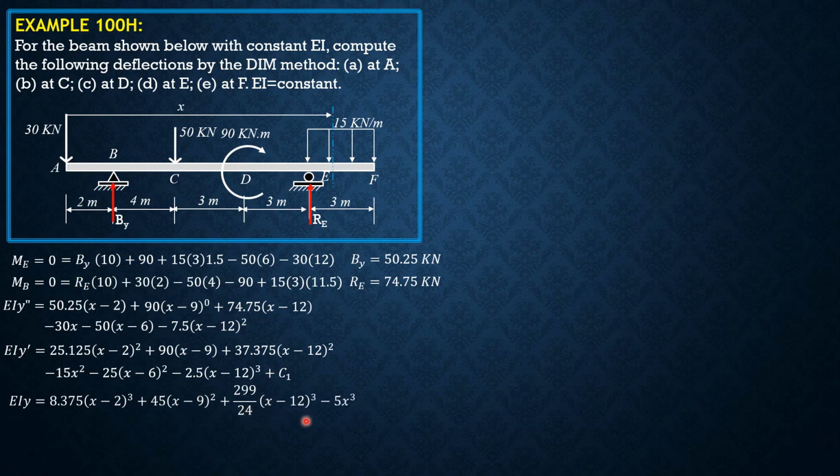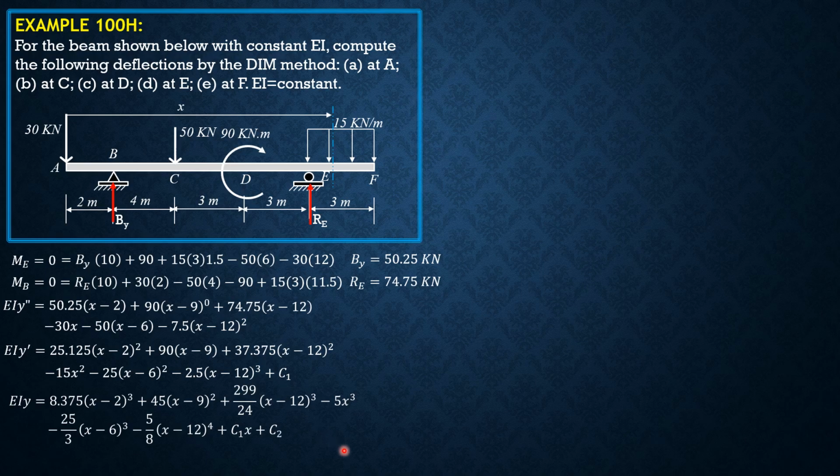Then minus 15 over 3 is 5X cubed, minus 25 over 3 X minus 6 cubed, then 2.5 over 4 is 5 over 8, minus 5 over 8 X minus 12 to the 4th, plus C sub 1 X plus C sub 2.